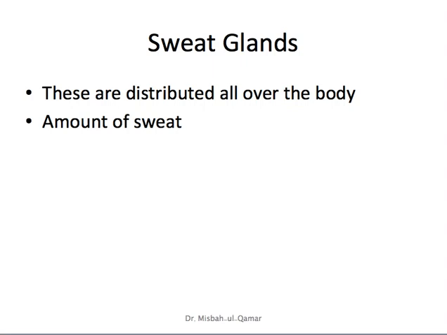Now there are two types of these sweat glands, and this classification has been based on the composition of their secretion. These two types of the sweat glands are eccrine glands and the apocrine glands.